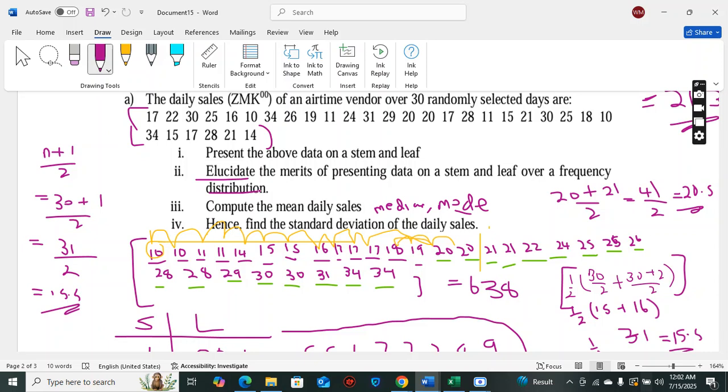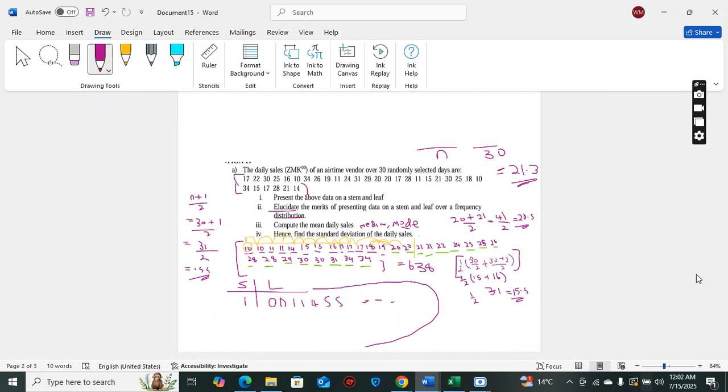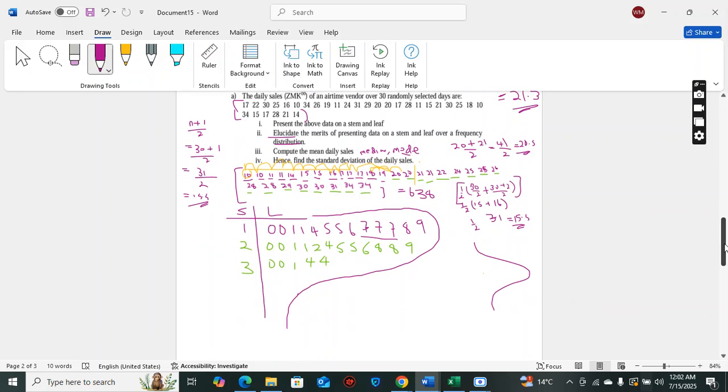Because you find this one is 5 marks, you want to get all 5 marks. Anyway, you Google the merits of stem and leaf. Yes, that's how we've calculated the median.